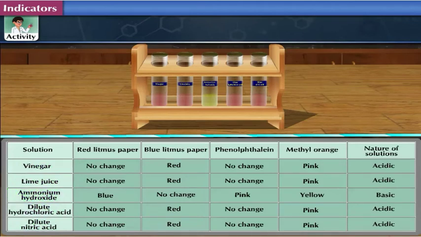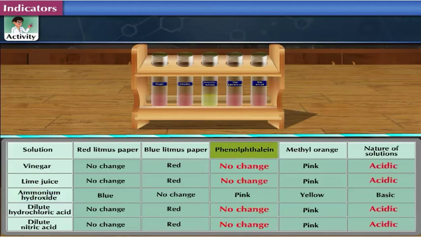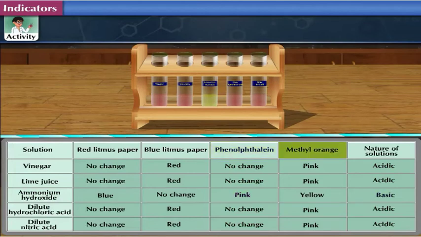Hence, we can say that phenolphthalein does not show any color change in an acidic solution, while it changes from colorless to pink in a basic solution. Methyl orange shows color change from orange to pink in an acidic solution and from orange to yellow in a basic solution.